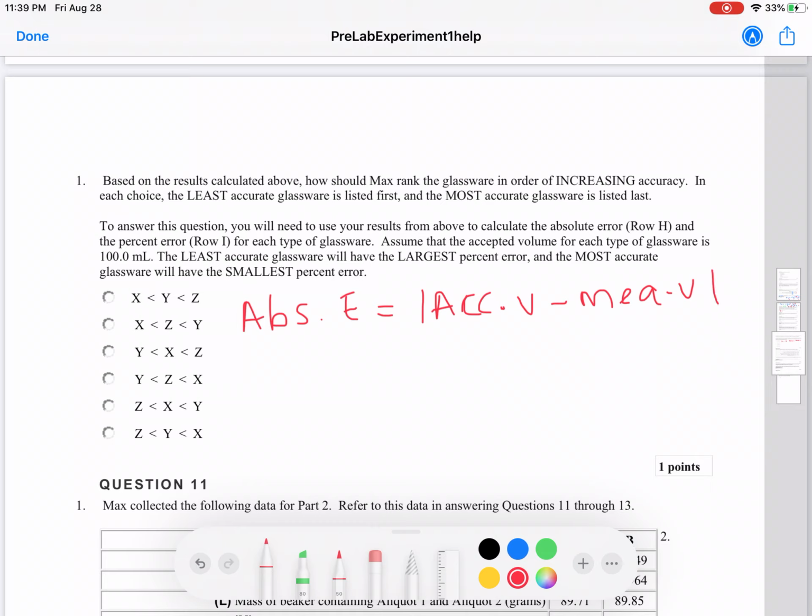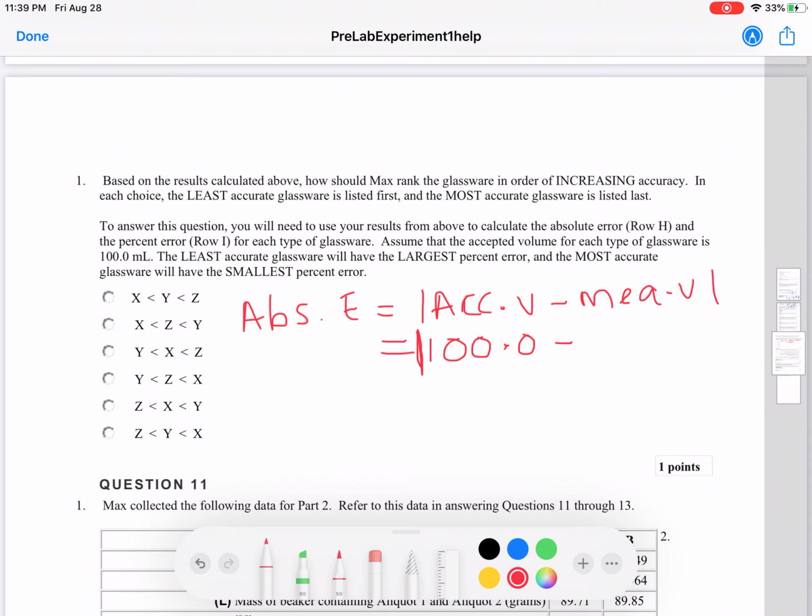So our accepted value is going to be 100 milliliters because we are going to see which one contains the most 100 milliliters most accurately. So 100 is the accepted value and I need to have the bar. This is the bar that says absolute.